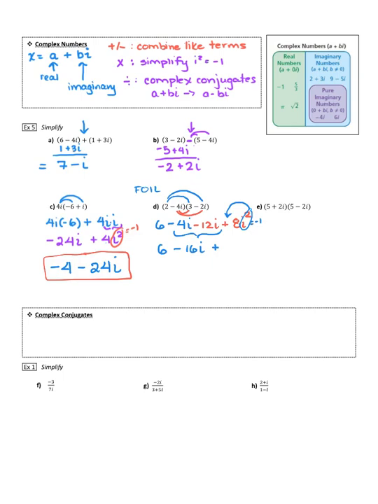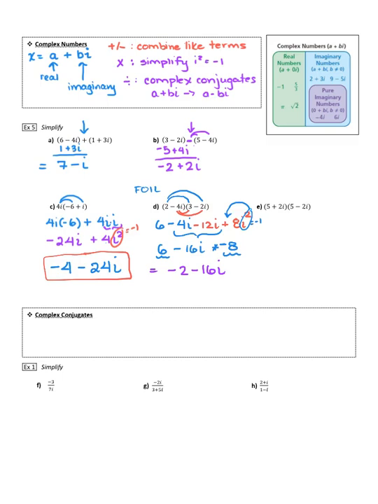So it was a +8, now it's going to become -8, which means I can combine my first and my last term. You'll always only end up with a complex number because you'll be able to combine the 2 middle terms, and the first and the last. So 6 minus 8 is a -2 minus 16i. That would be my final answer.